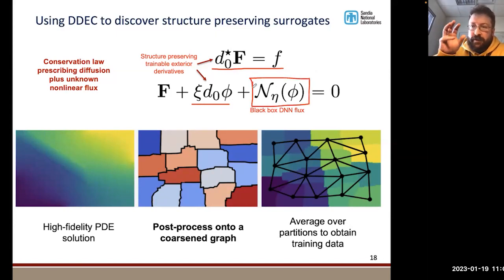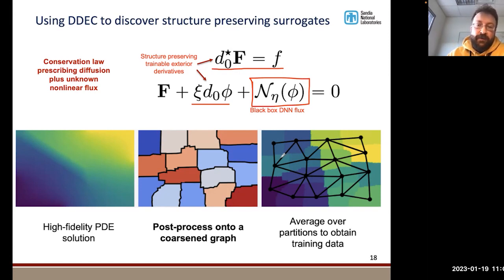So this is something like a deep neural network that can capture any nonlinear relationship. And the idea is, you know, you have a divergence of a gradient, that's a diffusion. So that's a nice stable thing that you can prove a lot about. And then you have a nonlinear perturbation to that. And so that's going to let you prove a lot of things in the same way. It's like adding artificial viscosity, if you're familiar with that trick.